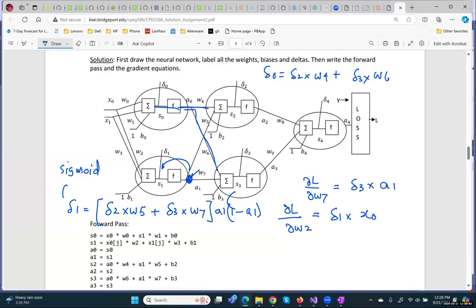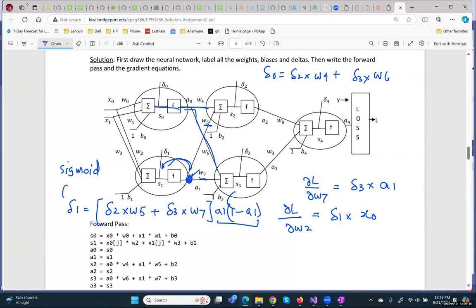Just add these two together first, because from the picture you can easily see it has accumulated the contribution of delta 2 and delta 3 up to this point, scaled by W5 and W7. Now all we need to do is go backwards and multiply the further chain of derivatives, which is simply partial A1 over partial S1. If it is sigmoid, then that is the extra part that gets added.